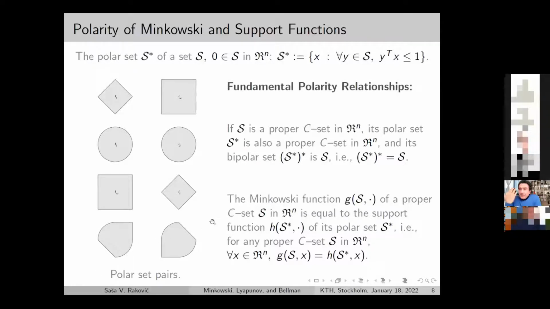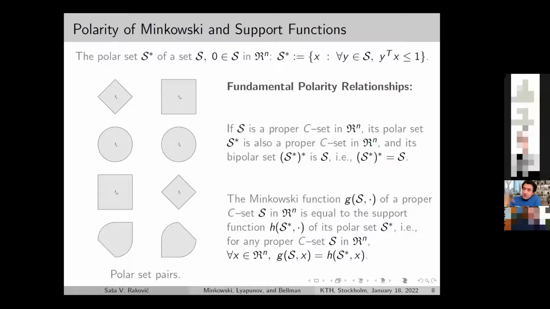The key point we want to understand here, and all these properties that I've given you, are results, and some of them are theorems that you can find in the books by Schneider, Rockafellar, and Wets, but I have extracted the facts which we'll use in the developments. There are two facts we want to take notice of. The first one is that if S is a proper C set, then its polar set is also a proper C set.